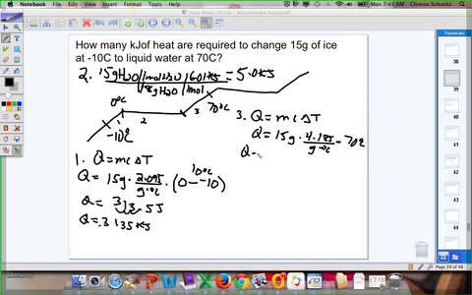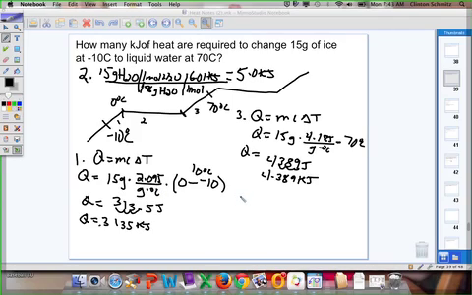So then we take 15 times 4.18 times 70, and that equals 4,389 joules. We'll move the decimal 3 spots to change to kilojoules, so that equals 4.389 kilojoules. Okay, now we've done all 3 steps. The final step is to add them together.